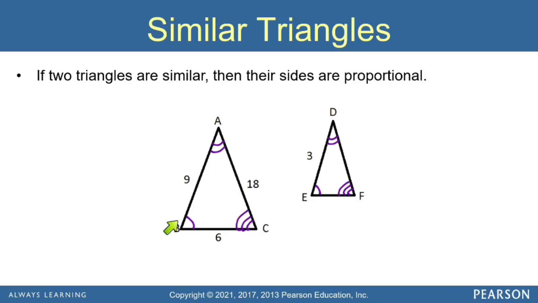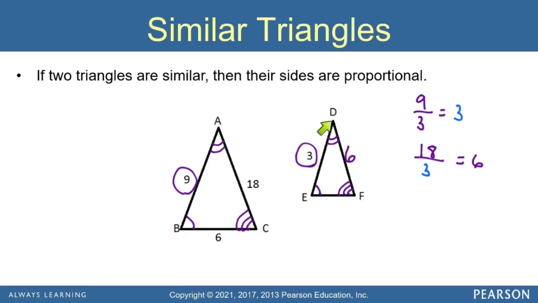So side AB is proportional to side DE, and we can see what the relationship is. It's going to always be either a multiplying or dividing relationship, and you can see that 9 divided by 3 is 3. And so that relationship of dividing by 3 has to hold for the other pairs of sides. So to find side DF, we can just take the 18 and divide by that same 3. 18 divided by 3 is 6.